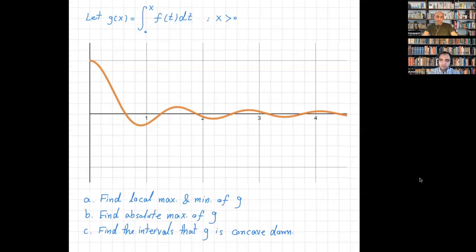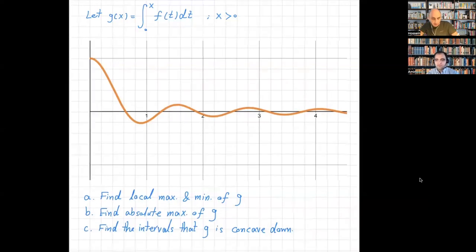Okay. And what is this curve? Is this a curve of f or g? This is a curve of f. Let me write it down here. So this is f of t and this is the t axis. Yes, this is the curve of f.